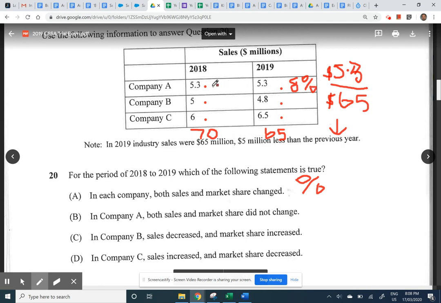If I compare that to the previous year, sales in dollar terms were the same, but the size of the market was bigger. All right, so if I want to find out market share, I need to convert everything into a percentage. So this time I do 5.3 and I divide it by 70. In this case, the market share was 7.5%.